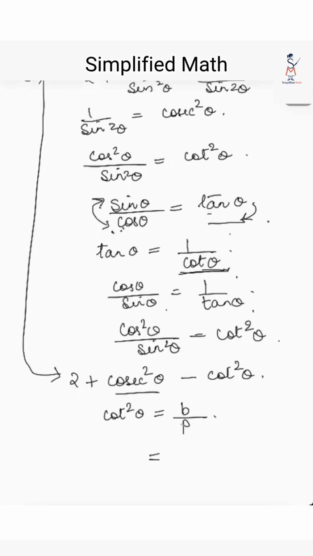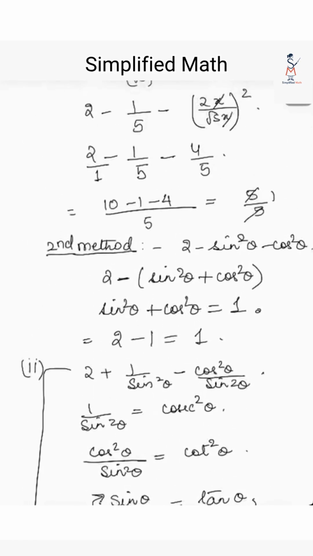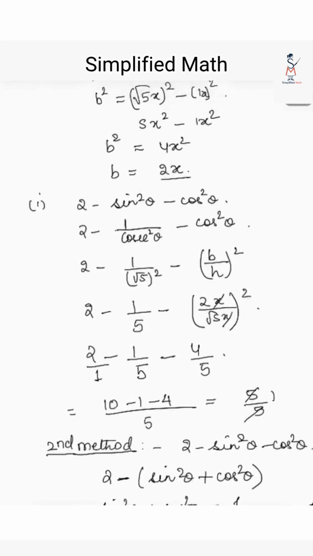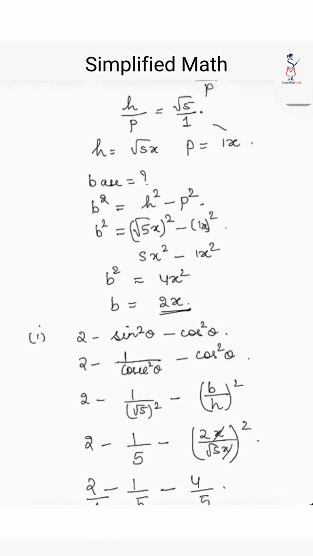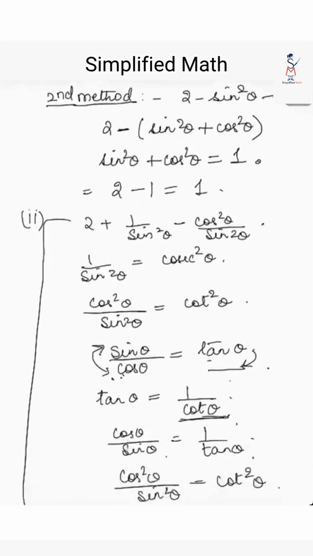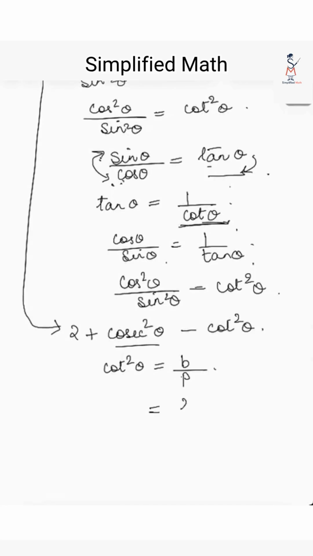And what is the base we found over here? Base was, let's see up, 2x. And what was the perpendicular? 1. Right? So this will be 2x by 1x. We will square it because it is cot square theta. This will become 4.